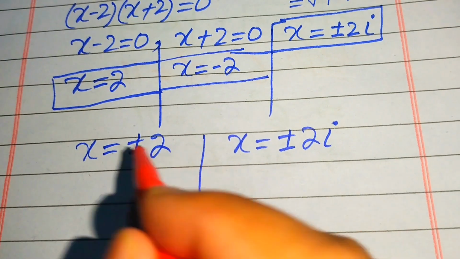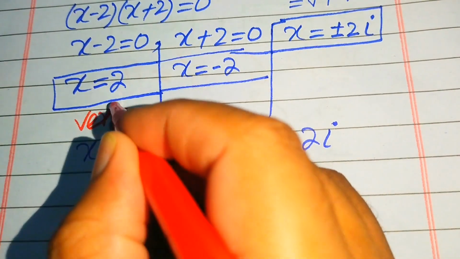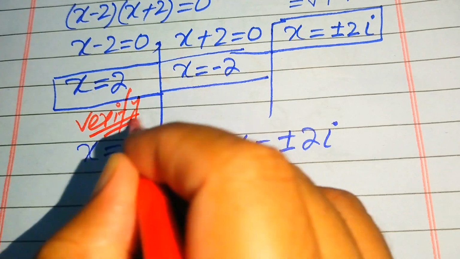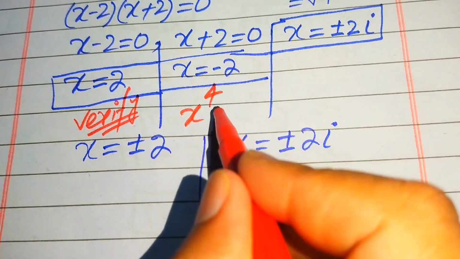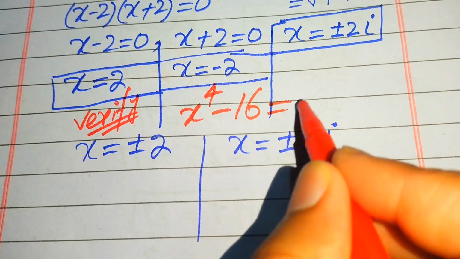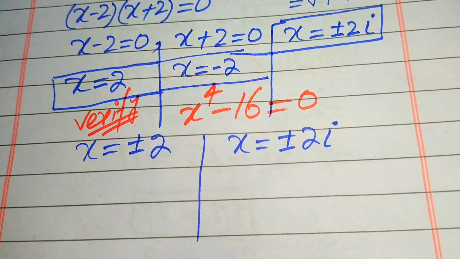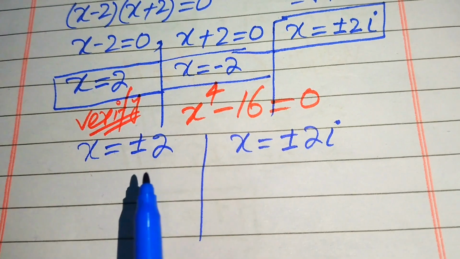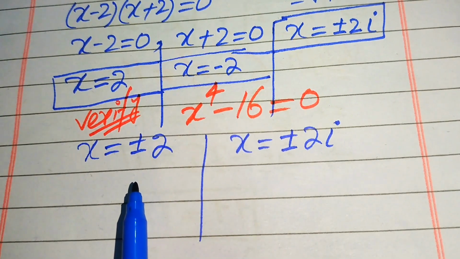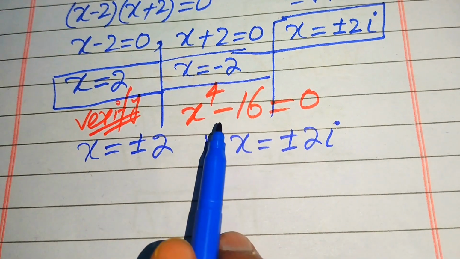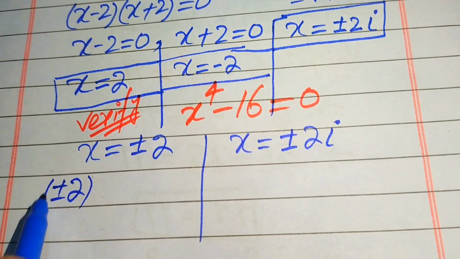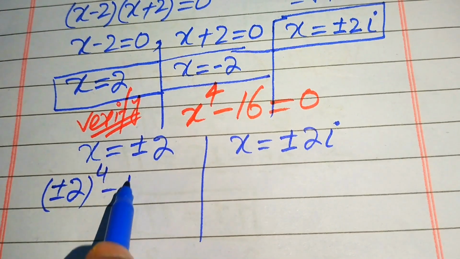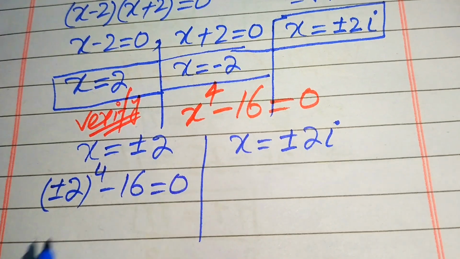So for verification of these roots we need to copy down the given question statement. Here it is x to the power of 4 minus 16 is equal to 0. So this is our given question statement, and here first we verify x is equal to plus minus 2. We substitute it into the left hand side and we check its behavior. So we get (plus minus 2) to the power of 4 minus 16 is equal to 0.